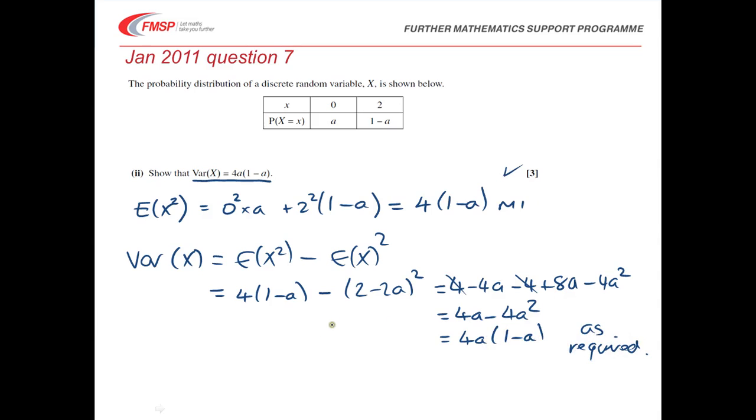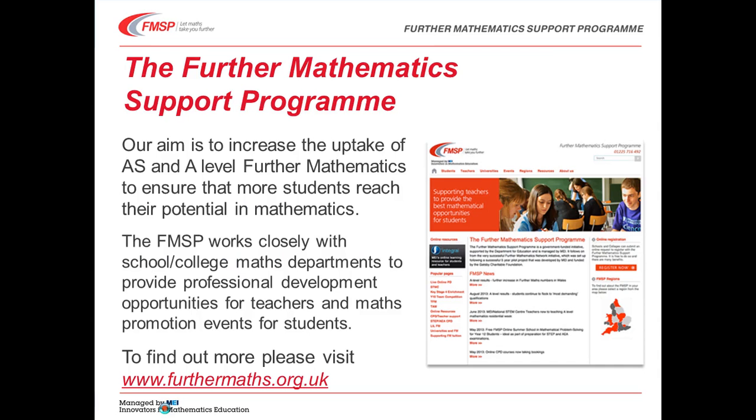Your second method mark is for using the formula, and your accuracy mark is for getting it out completely. That's the most sensible way of doing that question. So there's a nice algebraic one to do. You can see these are much of a muchness. Please work through them. Please make sure you're showing your working out, and then you'll be fine with these questions.